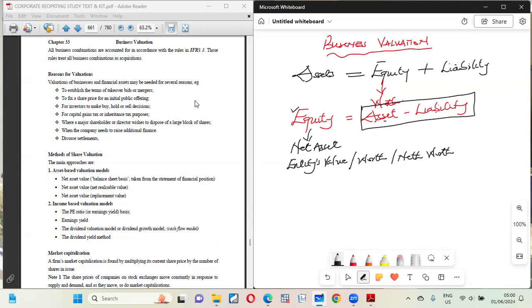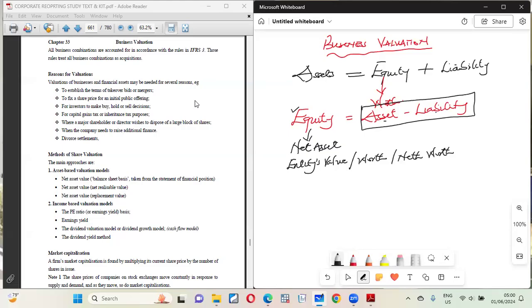Of course, some of the reasons are that we want to establish the terms of a takeover, like the terms of selling something. Because the truth is that if you go to the market today and say you are going to buy anything, the person selling will quote a price.